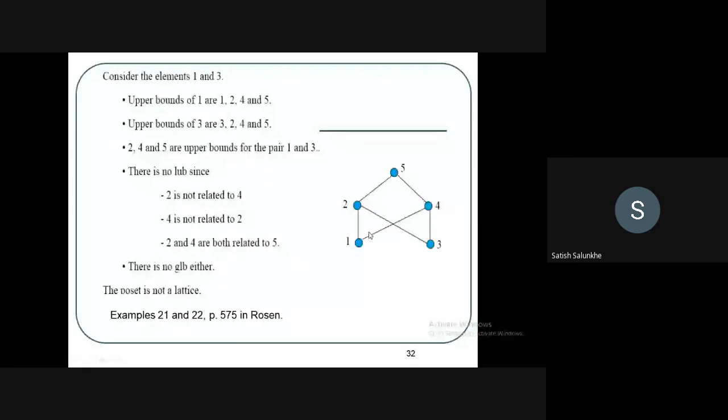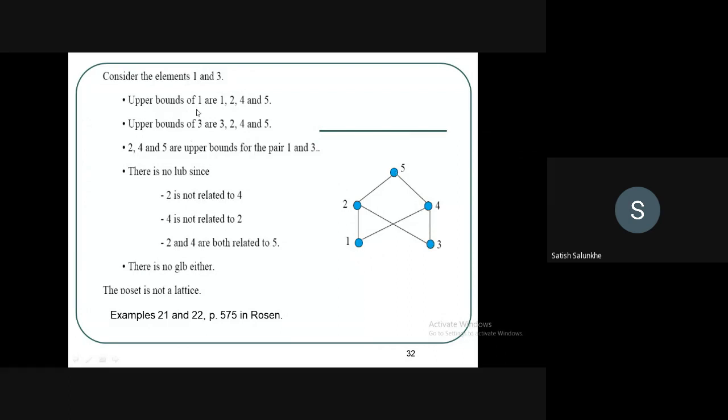Let me show you an example here. Considering elements 1 and 3, what is the upper bound of 1? 1 is related to 2, 1 is related with itself, 1 is related with 4, and 1 is related to 5.